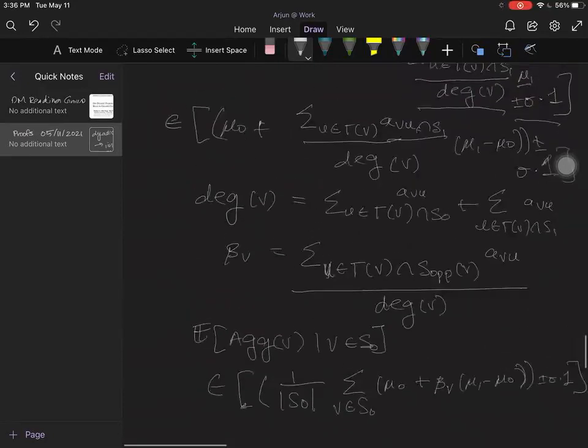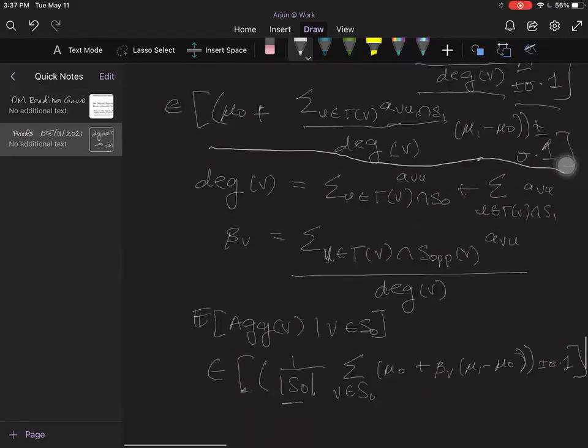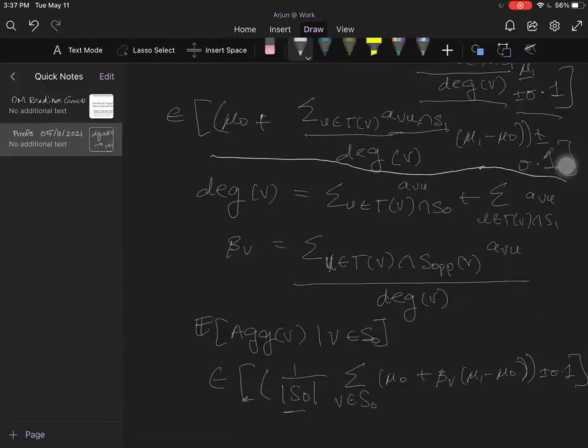Right, so all we're doing here is we're taking the fraction of the nodes that happen to be within S0, and we're taking this previous sum that we computed here. For any given node, we found that this is the expected value of its representation post aggregation. So now if we just want to find the expectation across all the vertices within S0, we just take a simple average over all the vertices in S0 for the same quantity. So mu0 and beta v is going to be equal to this fraction here.